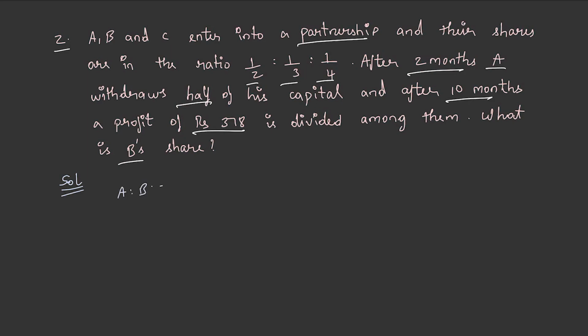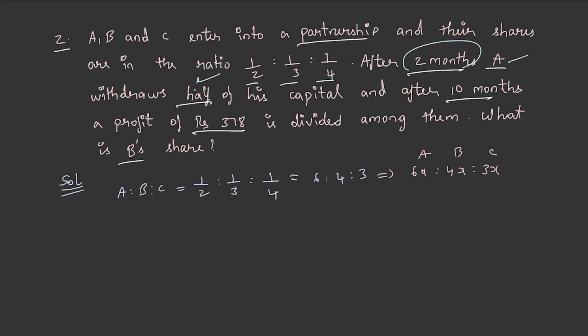Their initial investments are given as 1/2 : 1/3 : 1/4, so this converts into 6 : 4 : 3. Let's take them as 6x : 4x : 3x. This is of A, this is of B, and this is of C. We have to find out B's share.